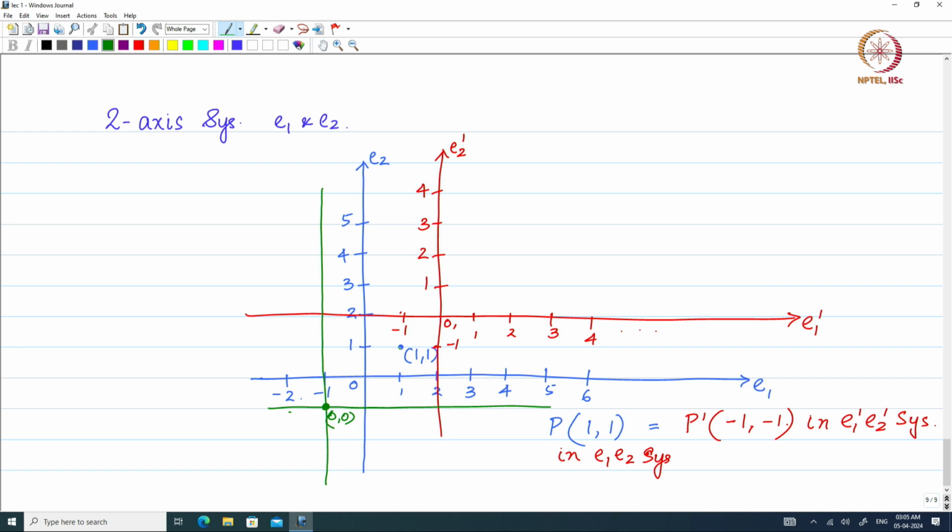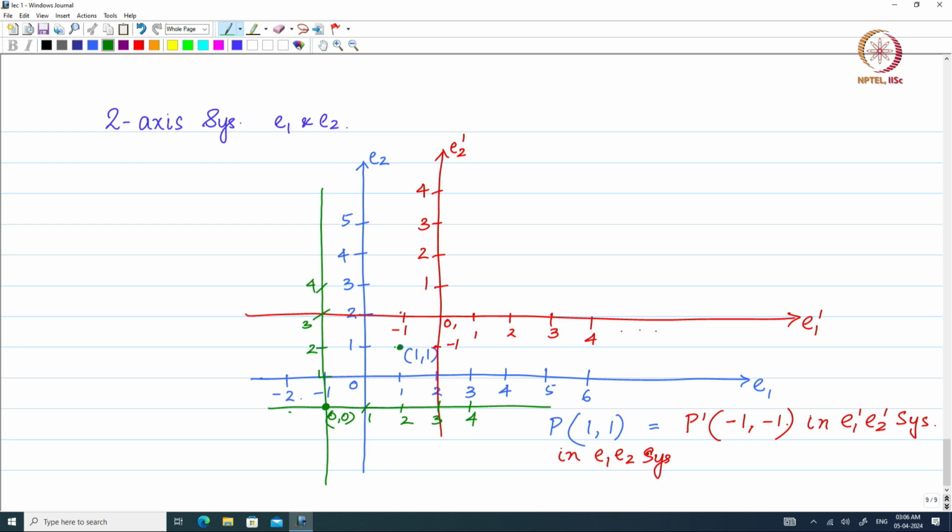it is interesting to see that the same point P, which was 1 comma 1 in this system, would correspond to 1, 2, 3, 4. Let us take this as 1, 2, 3, 4. We see that the point 1 comma 1 here corresponds to 2 comma 2, right.